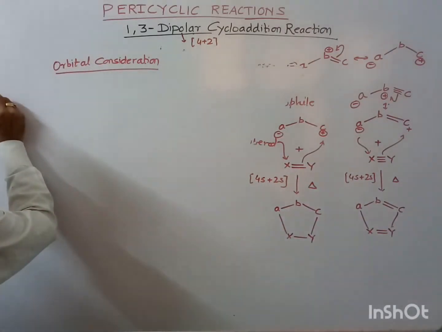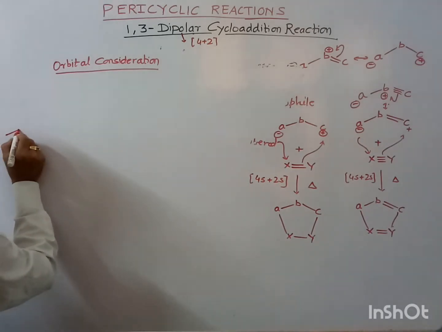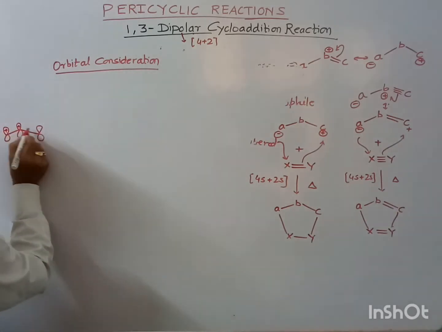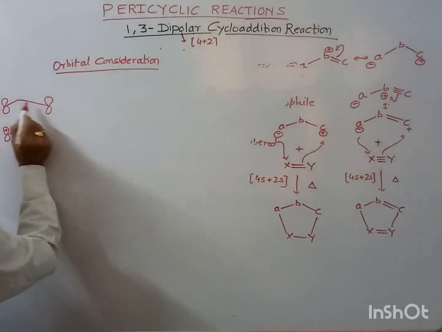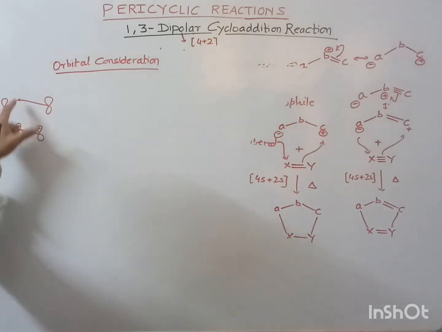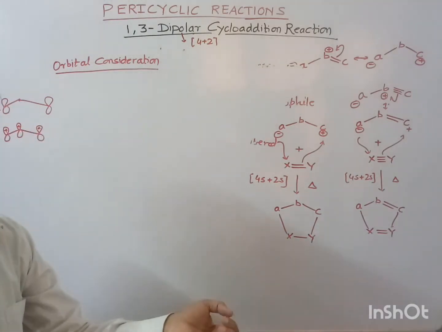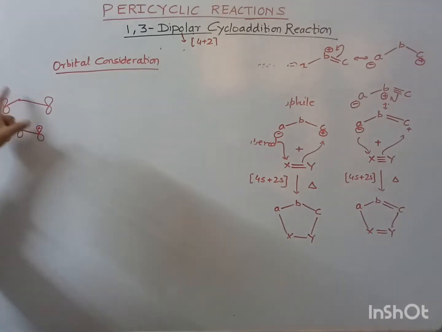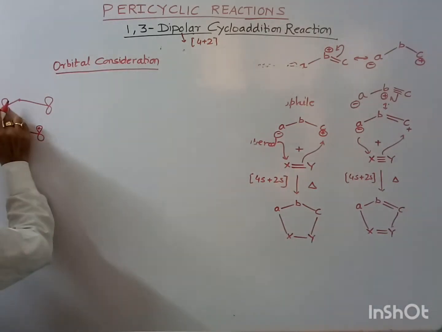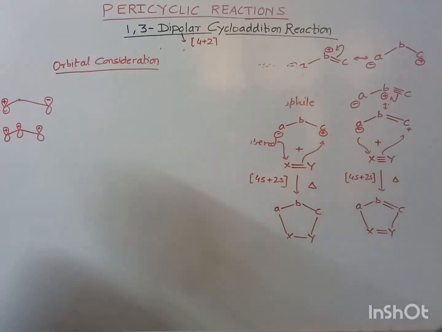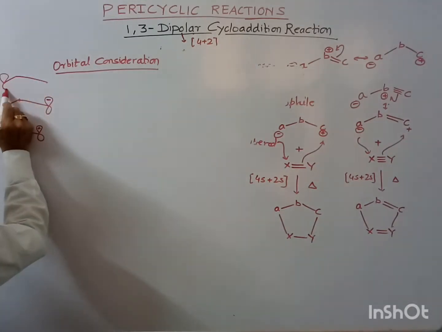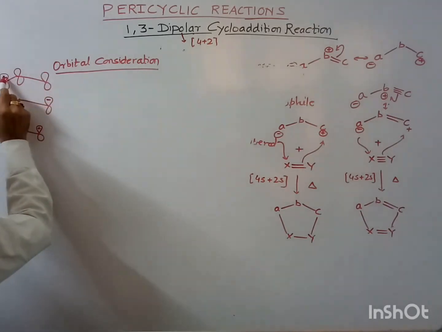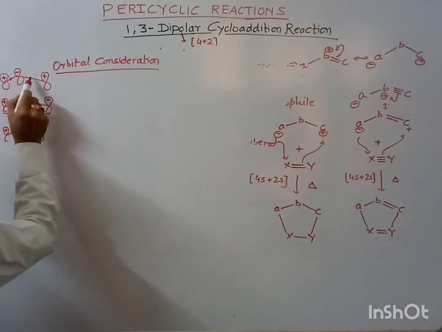Psi1 has all plus sign, and psi2 contains one node that passes through the central atom, as I have told for the allylic type of system, with plus and minus signs. And psi3 is plus minus plus, containing 2 nodes.